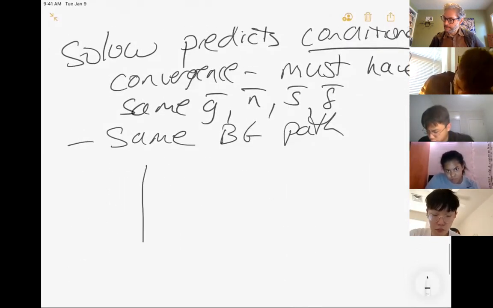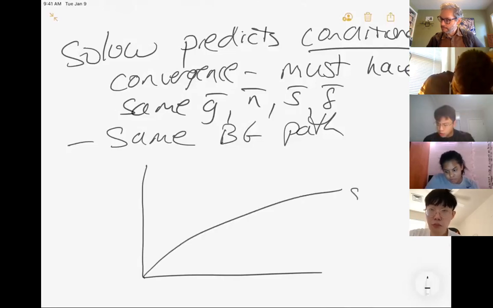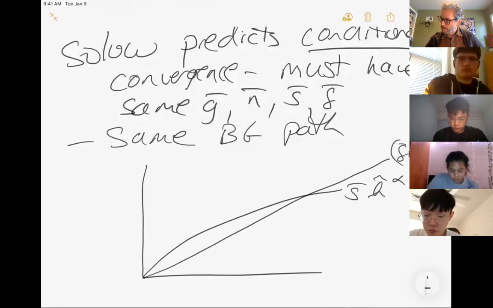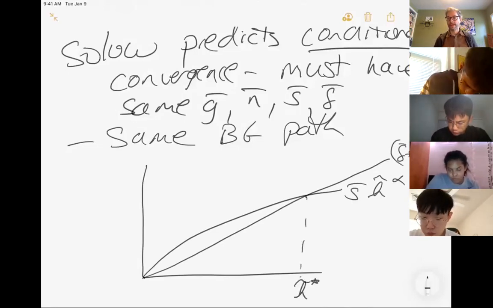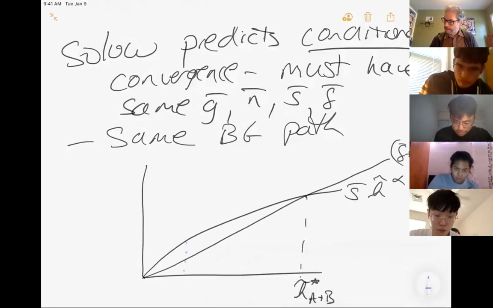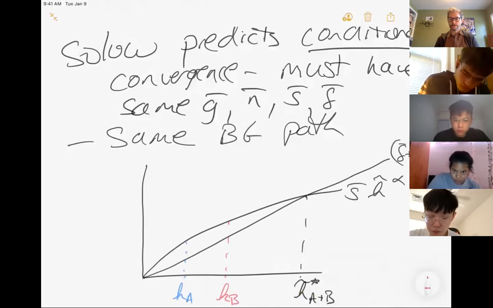So just to think about a diagram, let's say that two countries have the same balanced growth path. This is the balanced growth path for both country A and B. But country A is down here, country B is right here.